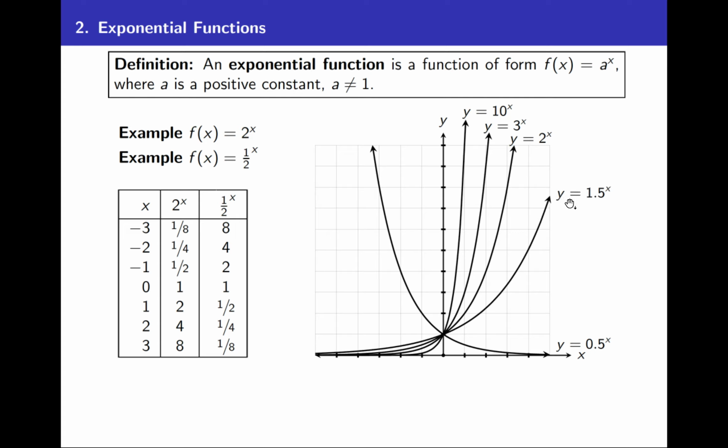If you plotted y equals 1.5 to the power of x, well, 1.5 is slightly less than 2. It's no surprise that that graph looks something like this. Here's y equals 1.25 to the power of x. So as that base gets smaller, the exponential function lightens up a little bit.